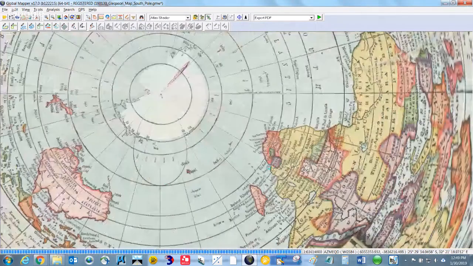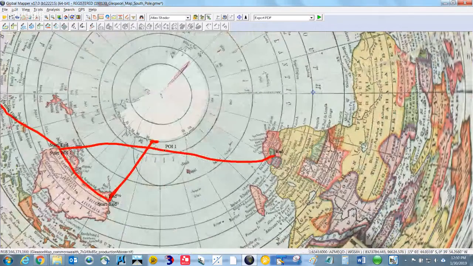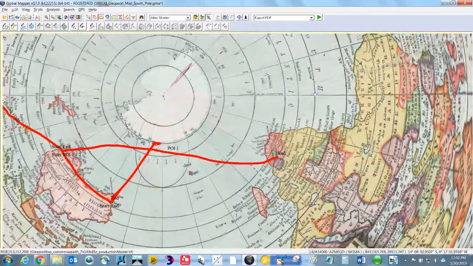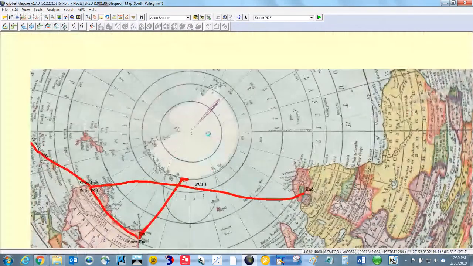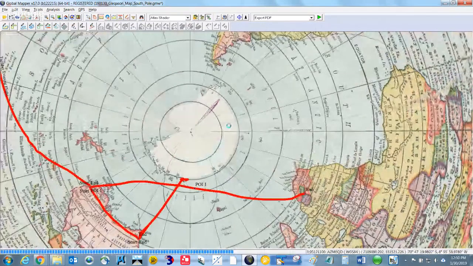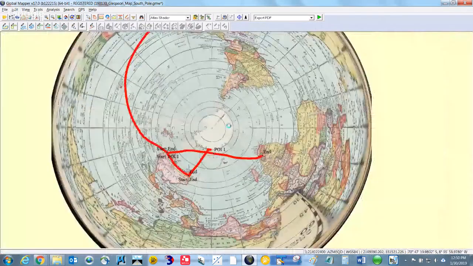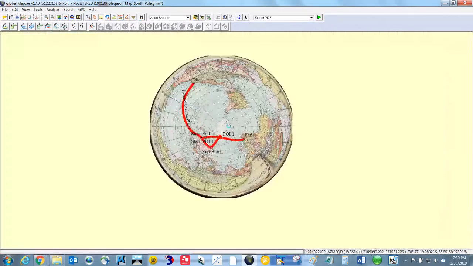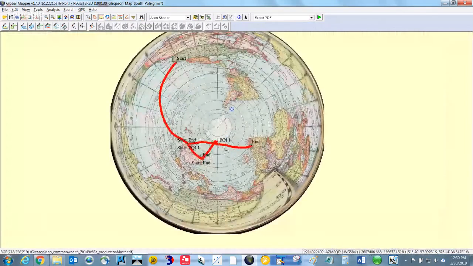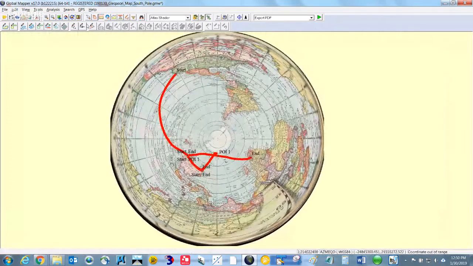Just to be complete here, this is not the normal view of the Gleason map. It does not show Antarctica at the middle. So let's go ahead and flip it back over, and you saw me do that in the previous video. Let's look at the mapping projection.